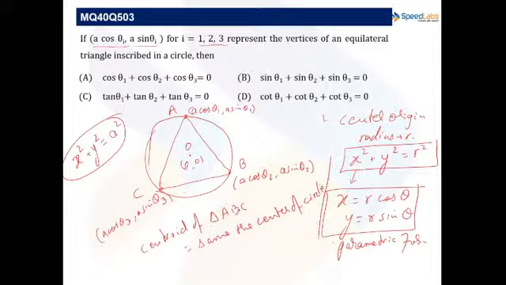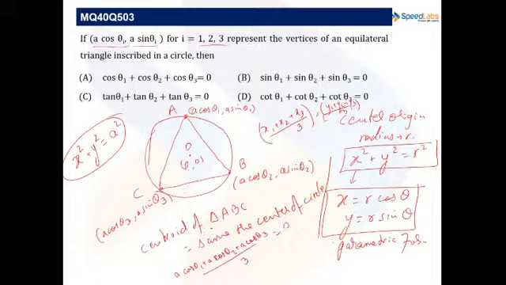So the center of the circle is (0, 0), so the centroid is, we know, (x1 plus x2 plus x3) by 3, and its y coordinate is (y1 plus y2 plus y3) by 3. Now here the x coordinate will be (a cos theta 1 plus a cos theta 2 plus a cos theta 3) by 3 equal to 0.